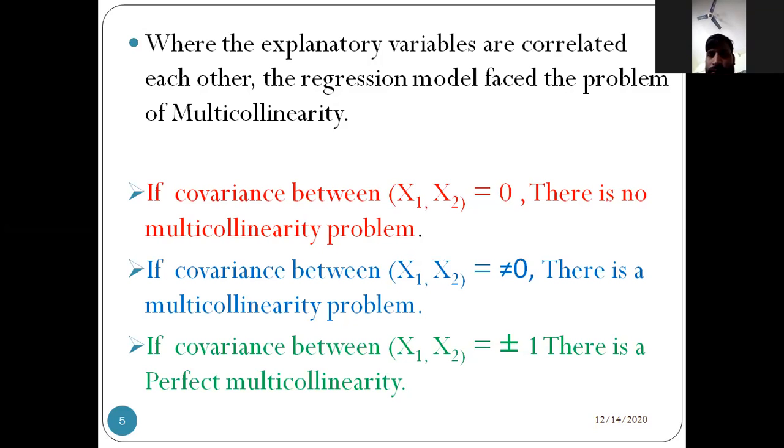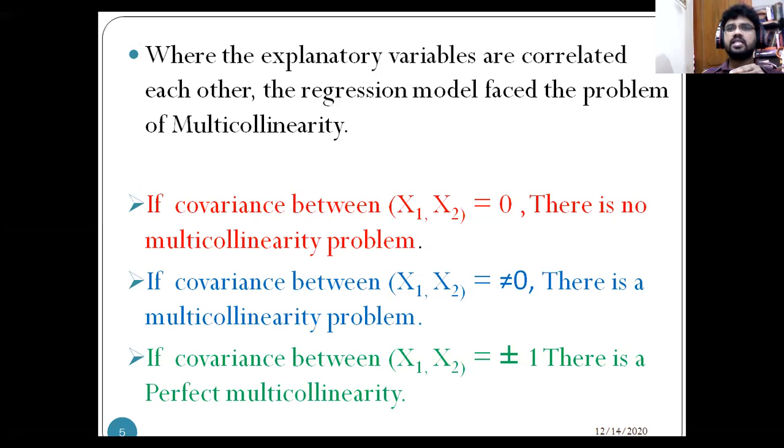We are facing a multicollinearity problem, for example, when you run the correlation matrix and the correlation value between x1 and x2 is equal to plus or minus 1. Then there is perfect multicollinearity; we can conclude there is a strong collinearity between the two independent variables.